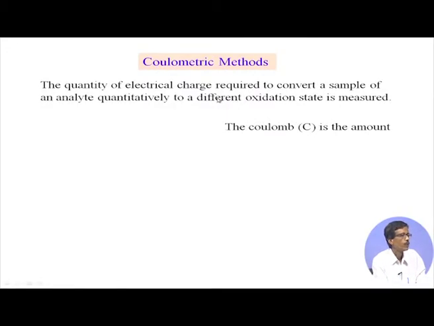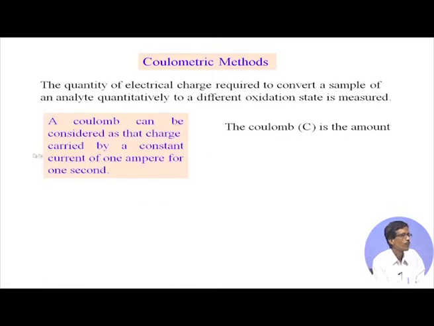So, the charge required to convert from one oxidation state to the other, whether you are going for oxidation or reduction, is known. It is the charge carried at a constant current of 1 ampere for 1 second. This is the definition of 1 Coulomb we know.